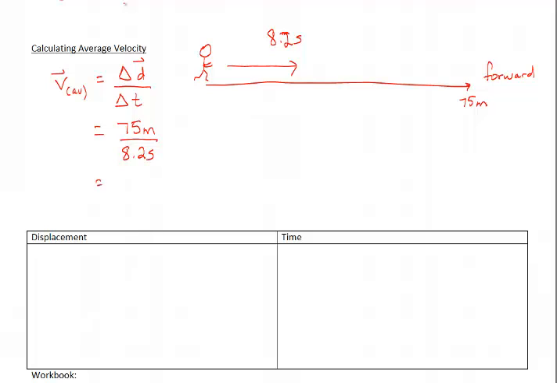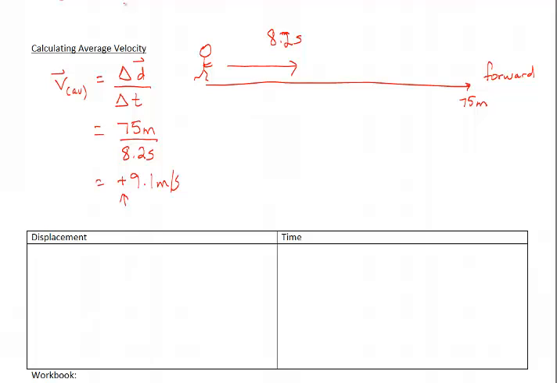And what we should get is plus 9.1 meters per second, which gives us the average velocity the person was traveling at in a forward direction. And the way we know that it's forward is because of this positive sign.